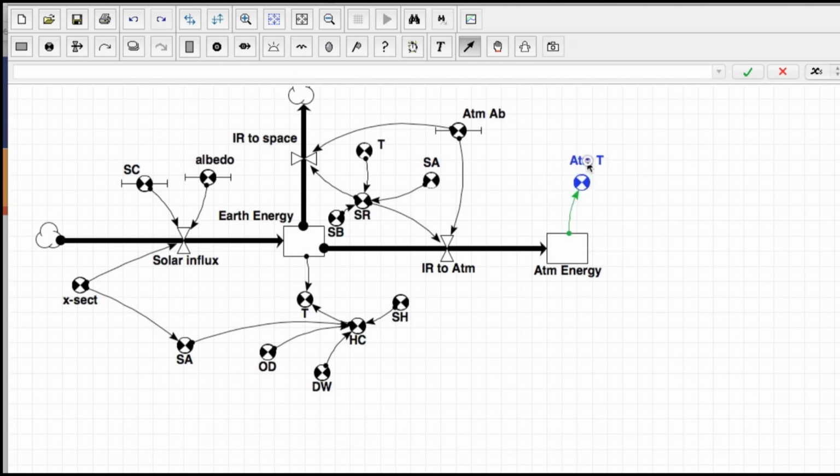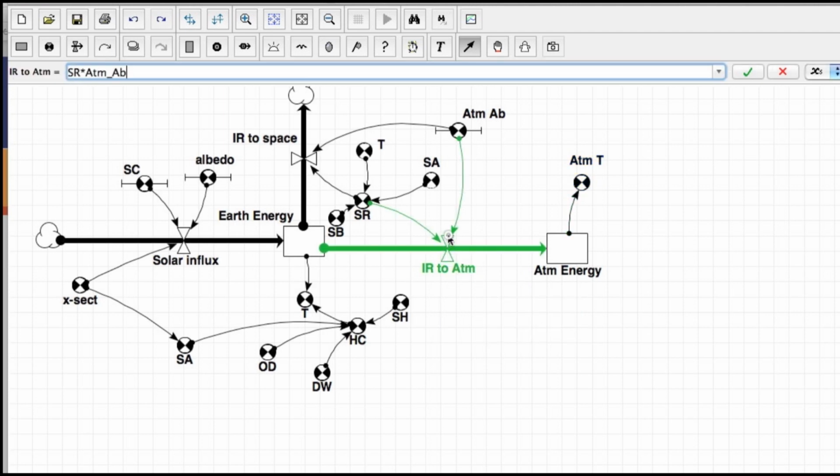Now, it is going to feed into how the atmosphere radiates out. But we said it radiates differently than the surface of the Earth because it can statistically radiate half out to space and half back to the surface. I am going to get some messy diagrams here, so I'll do my best.